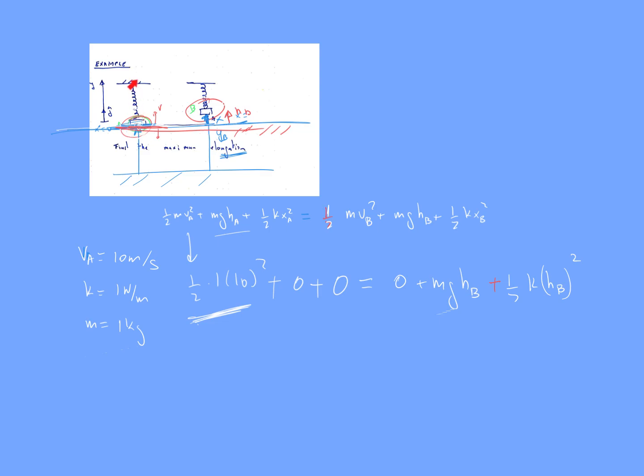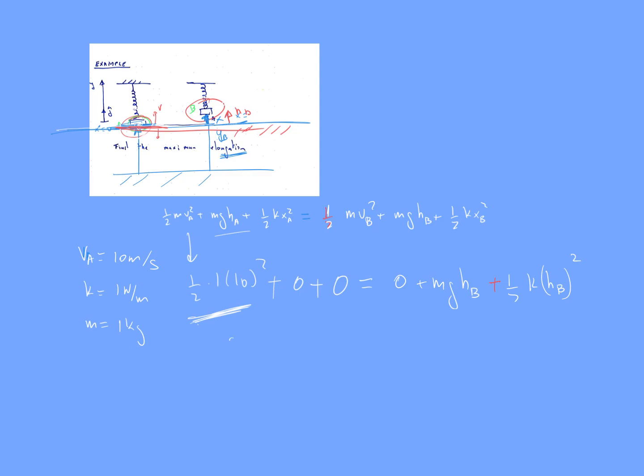And when the body goes in this direction with a certain velocity, 10 meters per second, the spring will be compressed. I want to find this compression, the x. The x is the h_B also. So the potential energy will be m g h_B, and the compression will be h_B squared. So the problem is already solved.